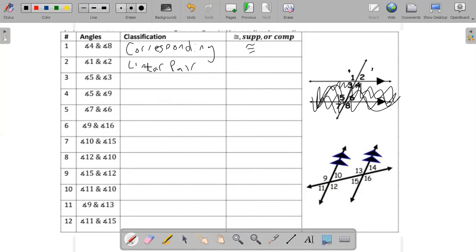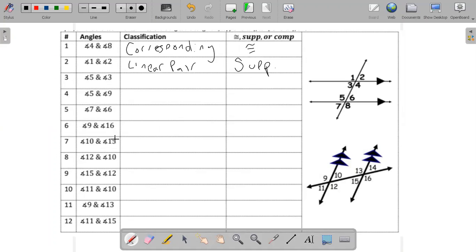And if they are a linear pair, that means that they add up to 180, so they are supplementary. If you see what I'm doing, I'm just flying through these by labeling what they are. Once I label what they are, then I just know the relationship, because either the top of my worksheet tells me that, or I have to figure it out a different way.